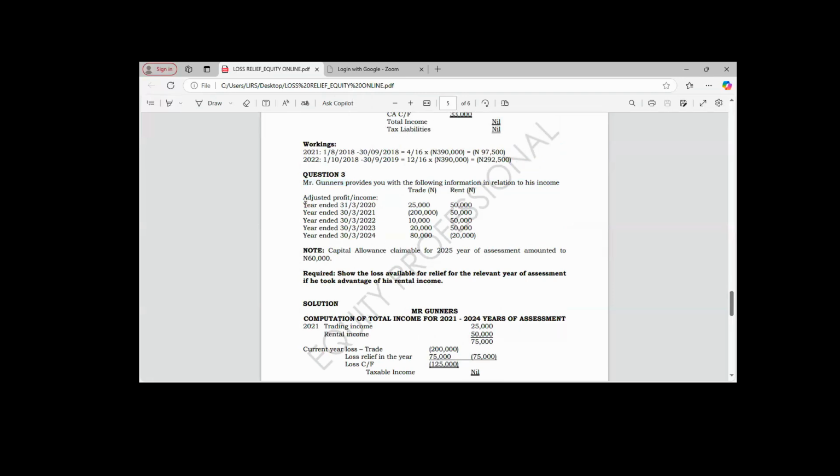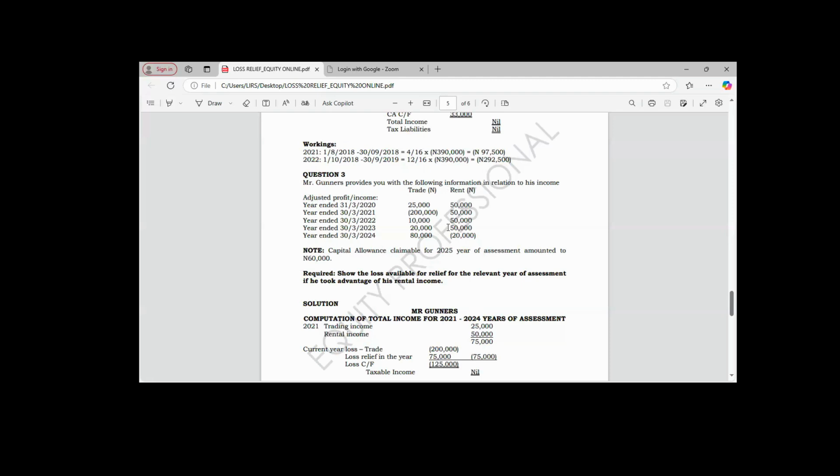Then being an individual taxpayer, the next thing is that he has more than one source of income. He has income from trade and he also has income from rent. So being an individual and having various sources of income, he has a right to opt for the current year loss relief, which is available for him.